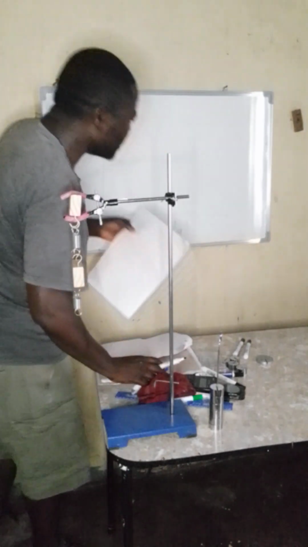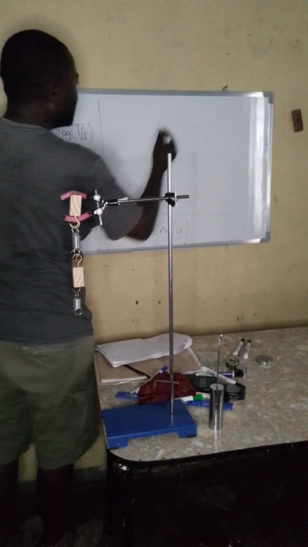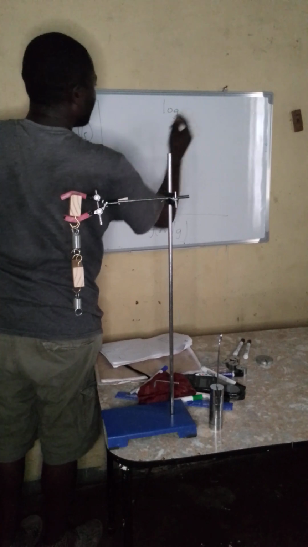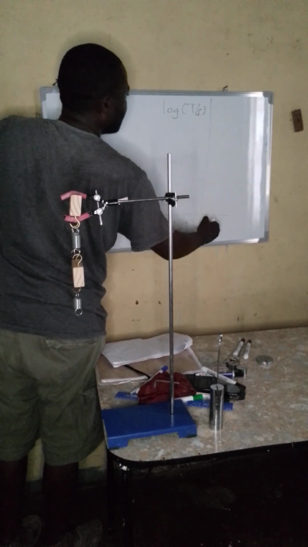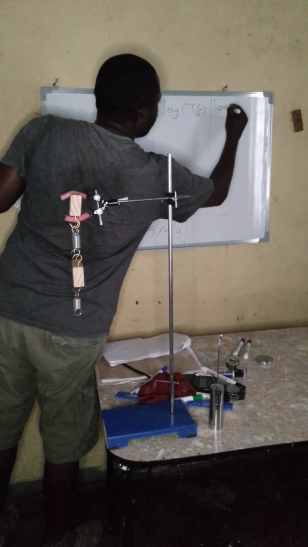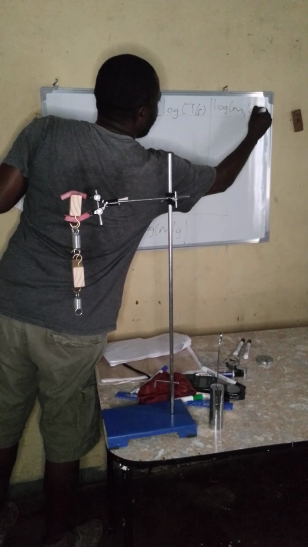So the important results in the table that we're going to use to plot the graph are log t and log m.